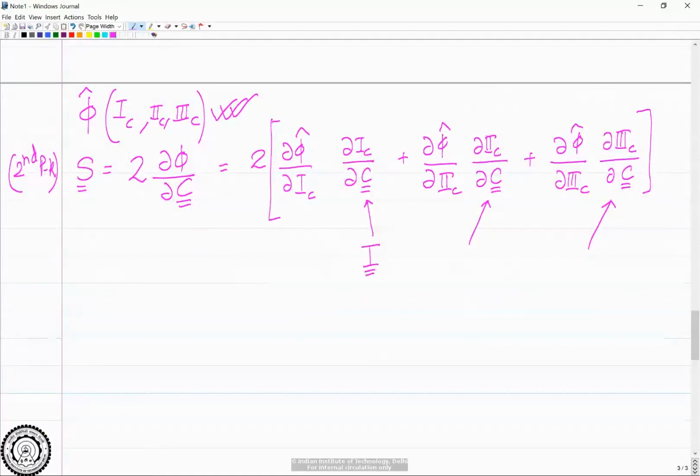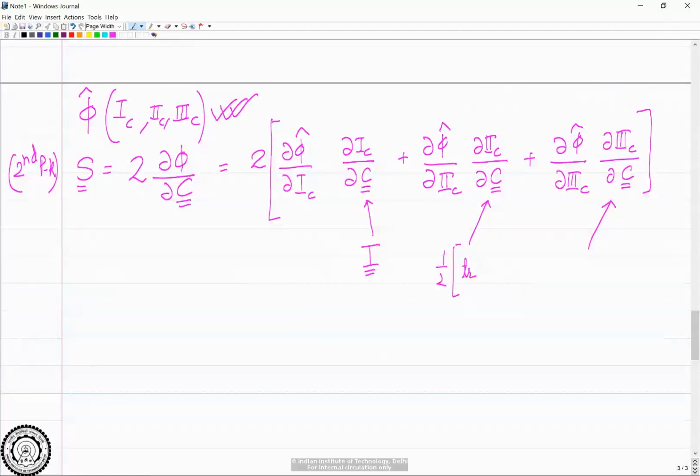Del II_C by del C. What is this? Can someone tell me? This was in your minor examination. Half of trace C whole square plus trace of C square.